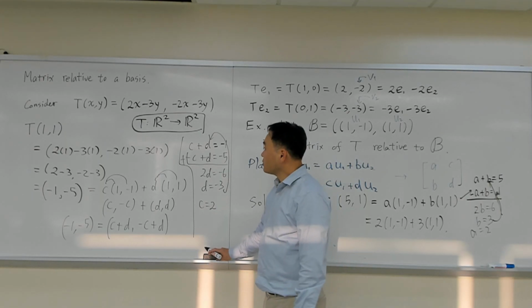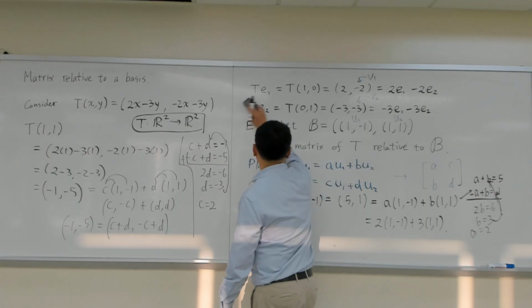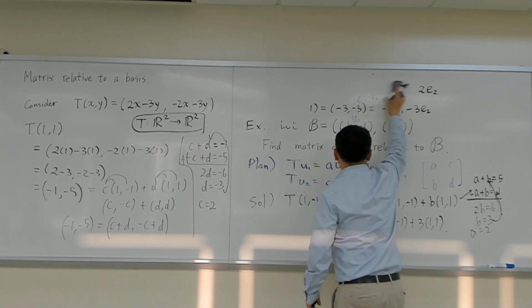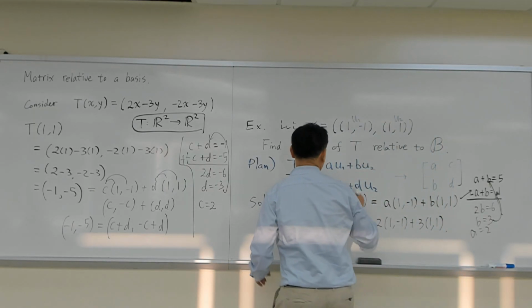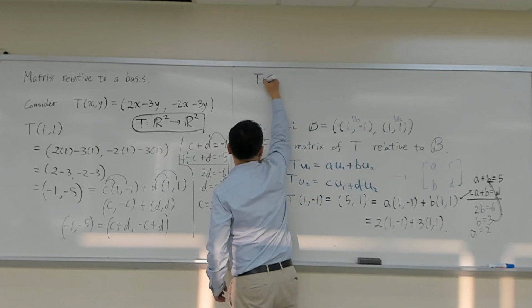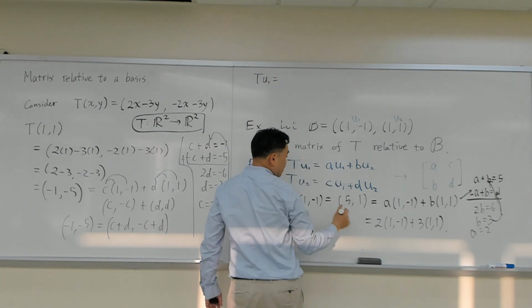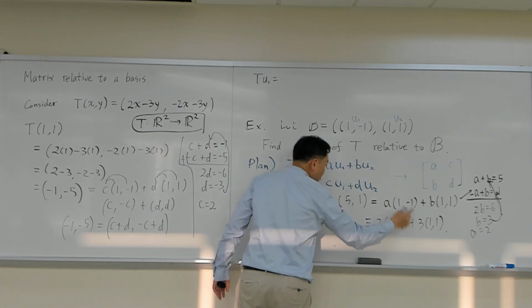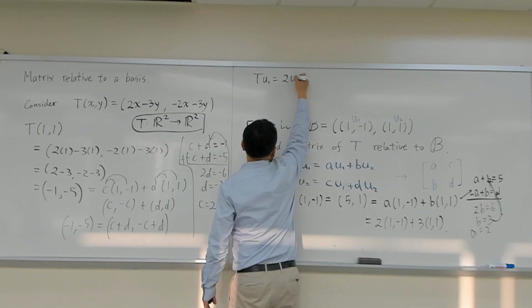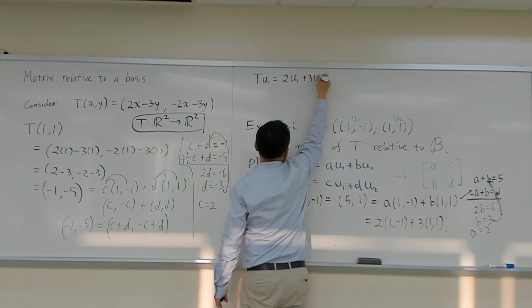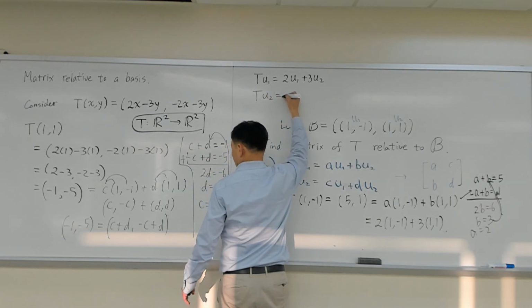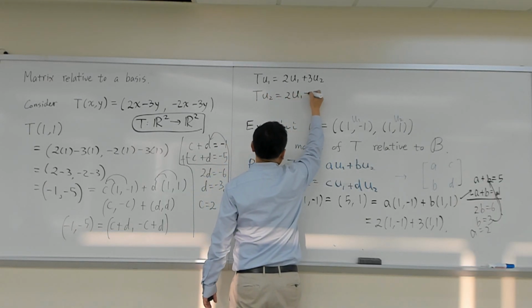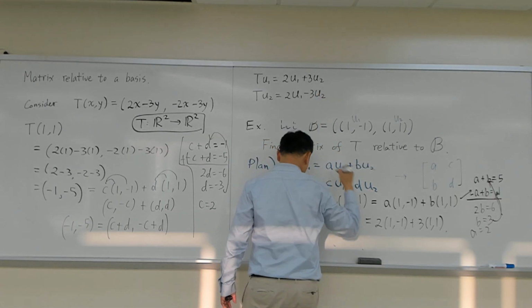Okay, so the result that we get is, first of all, T of U1 is equal to, we found out, 2 times U1 and 3 times U2. And T of U2 gives you 2 times U1 minus 3 times U2.